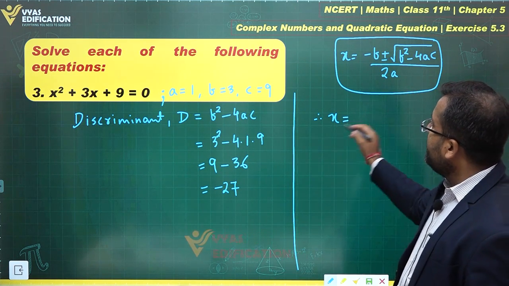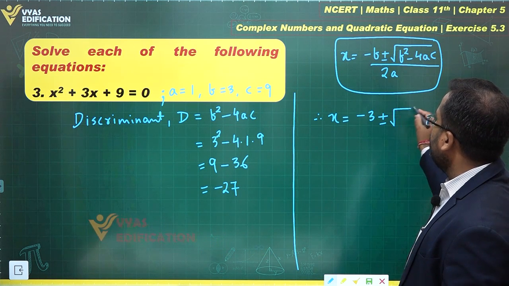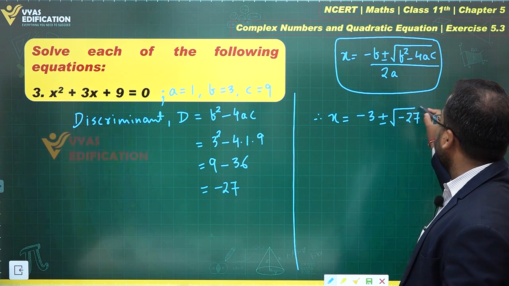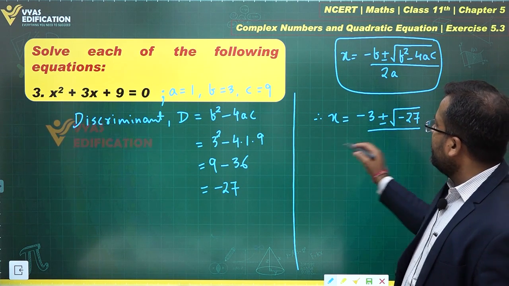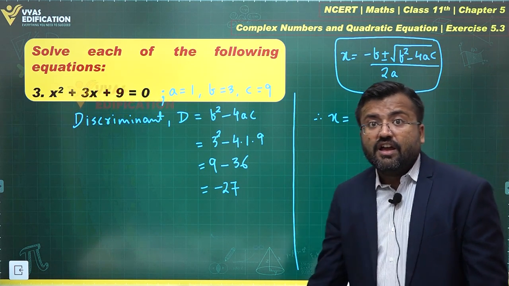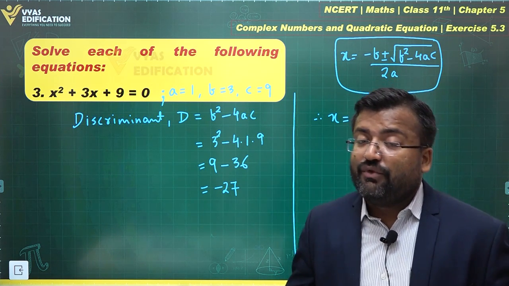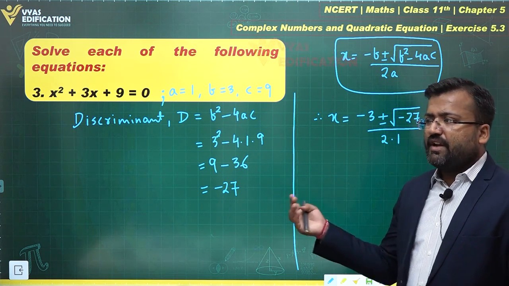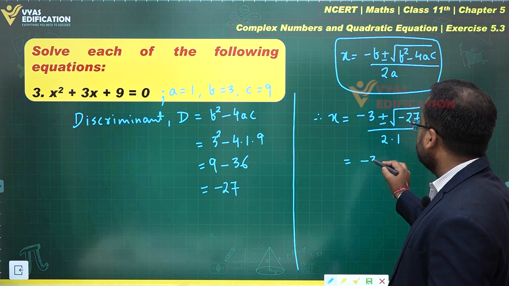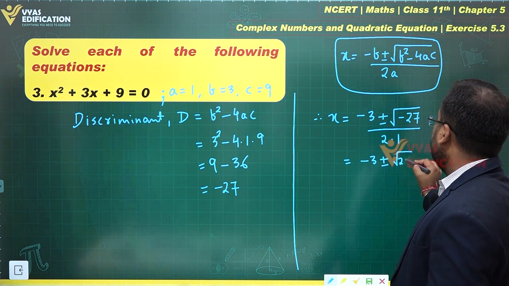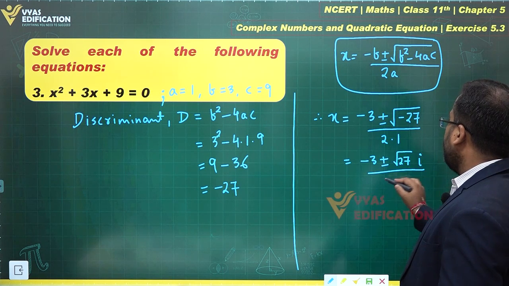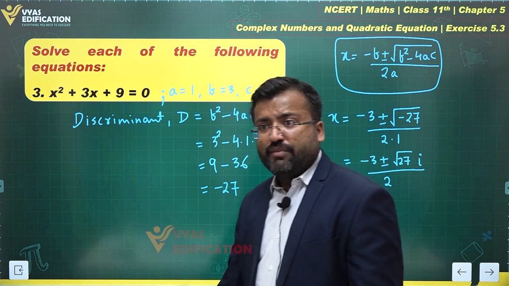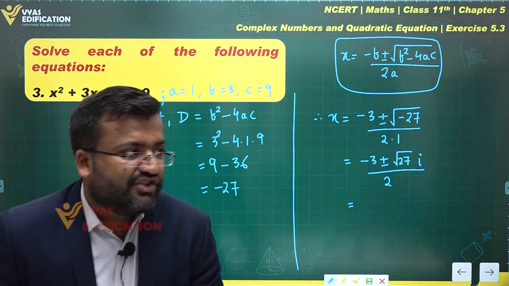x is minus b plus minus under root of b square minus 4ac, which is minus 27, upon 2 times a, 2 times 1. Under root minus 27 can further be simplified as root 27 times root minus 1. Root minus 1 would be i, upon 2. This is further equal to what? Root 27, as you may be aware, is actually equal to what?